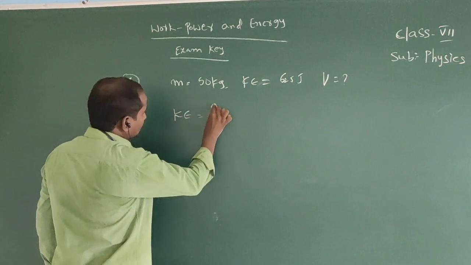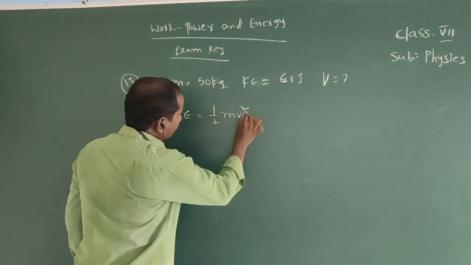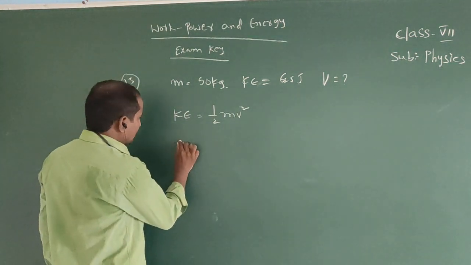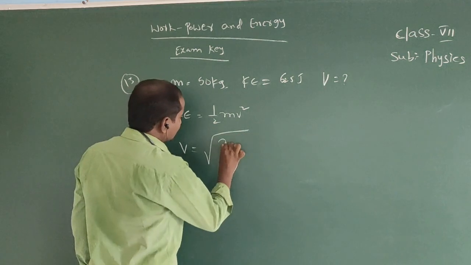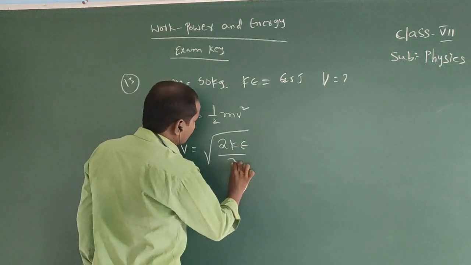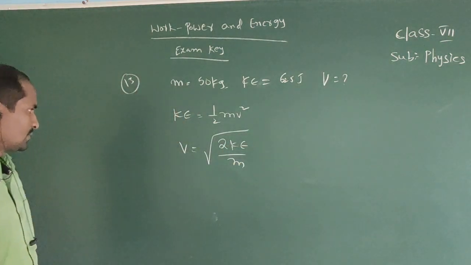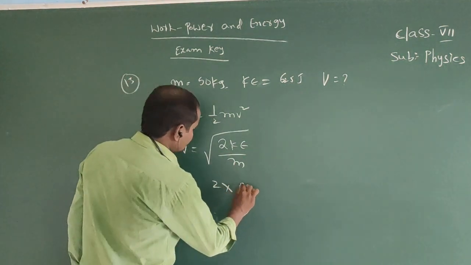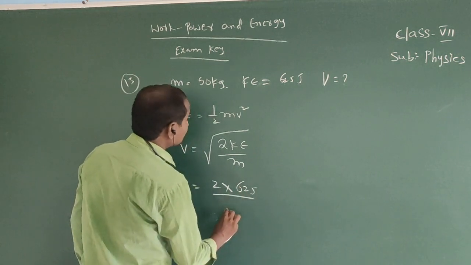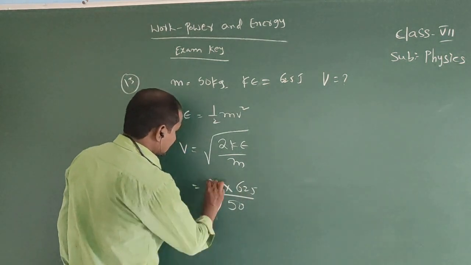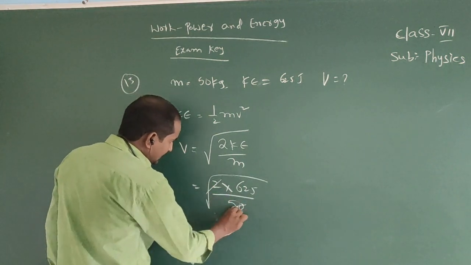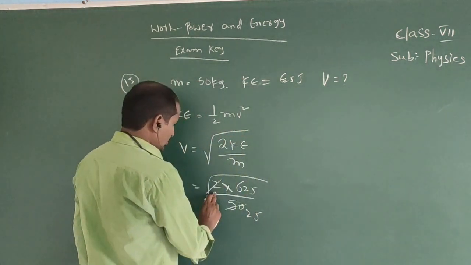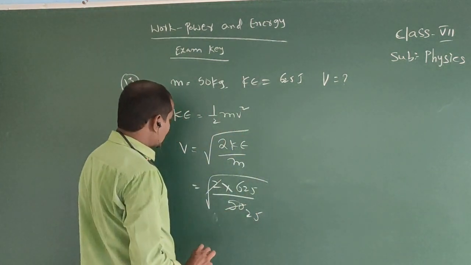K equal to half into m into v square. So here v equal to root of 2K by mass m. So here 2 into K, 625, by mass 50 kg. 2 ones here 25.